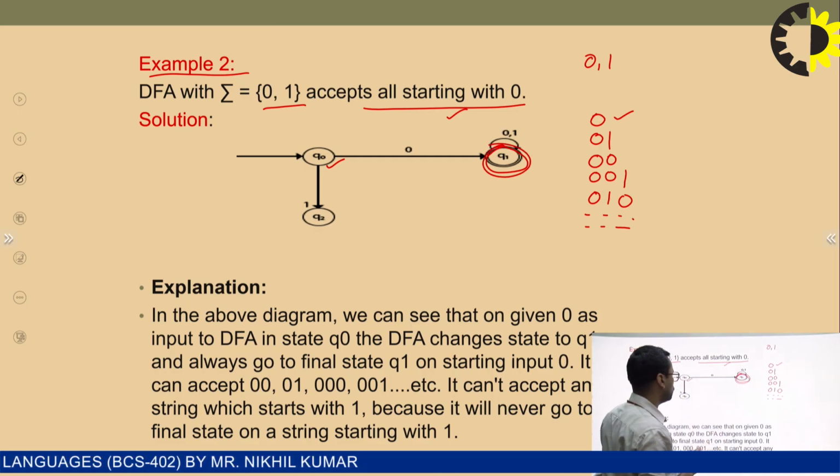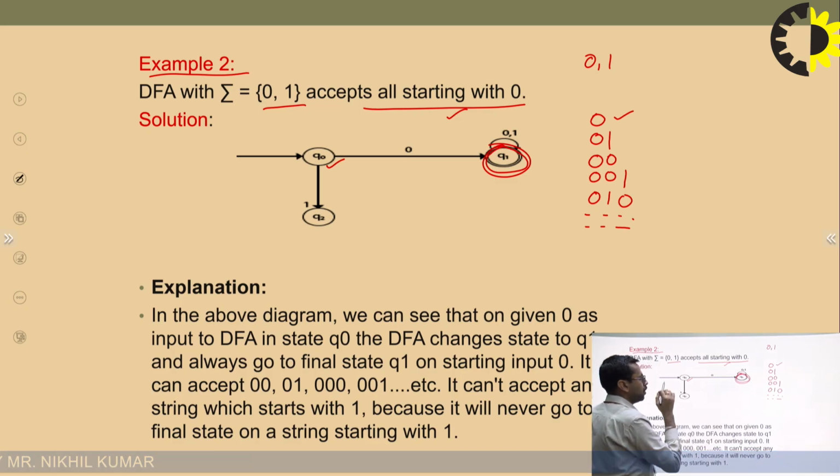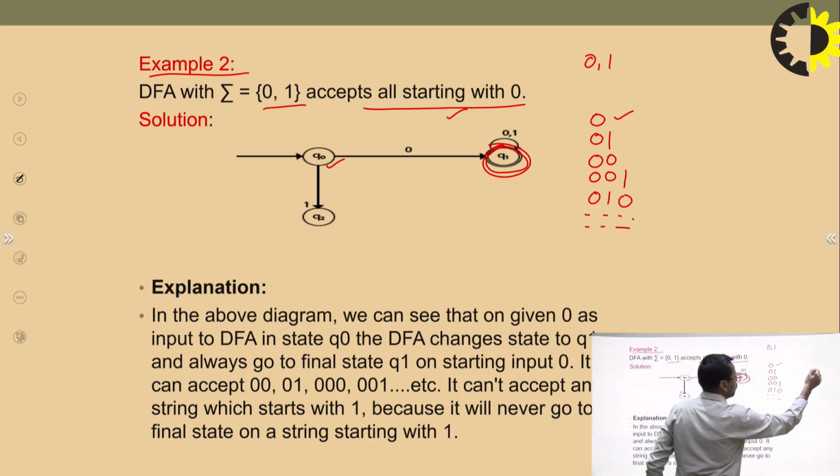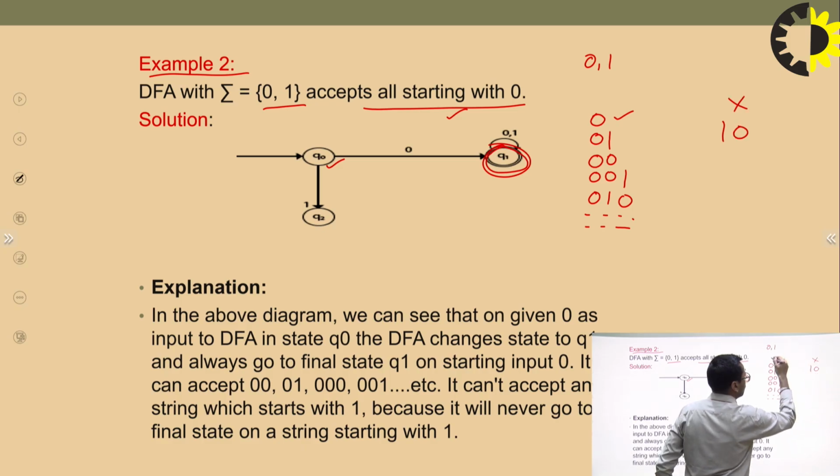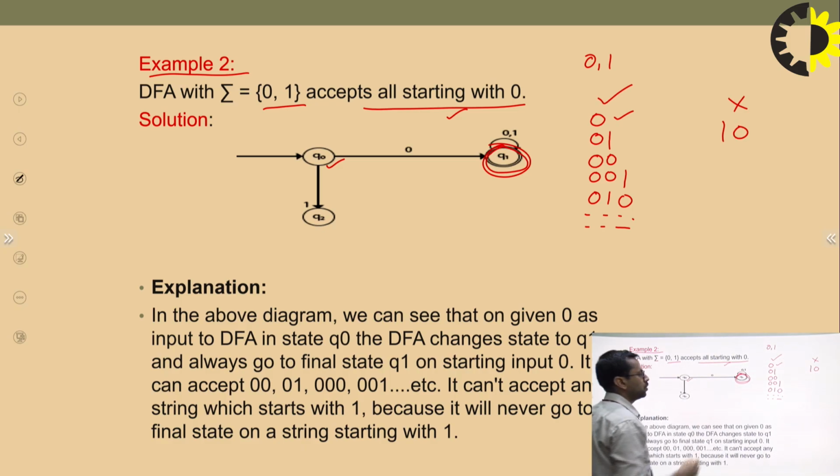But when we apply strings like 1 0 1 0, it should not go to the final state. When we apply 1 at the initial state Q0, it goes to Q2, which is not the final state, and it is the dead state.